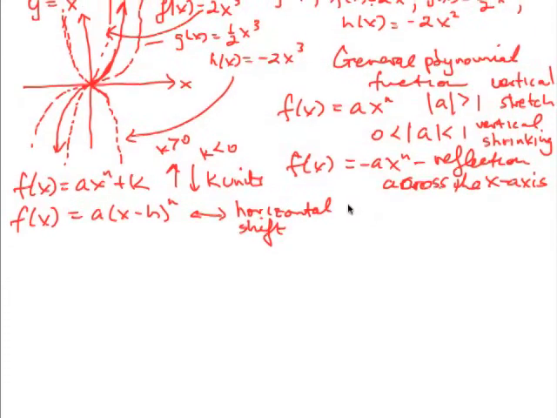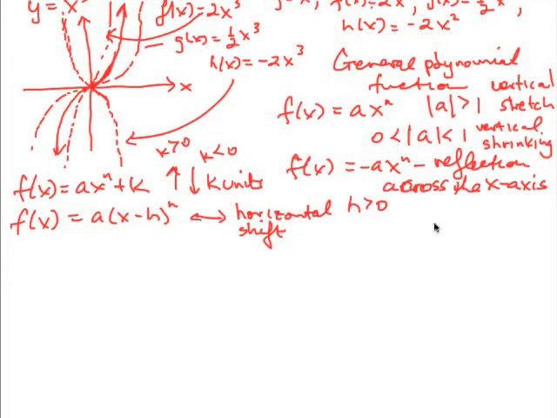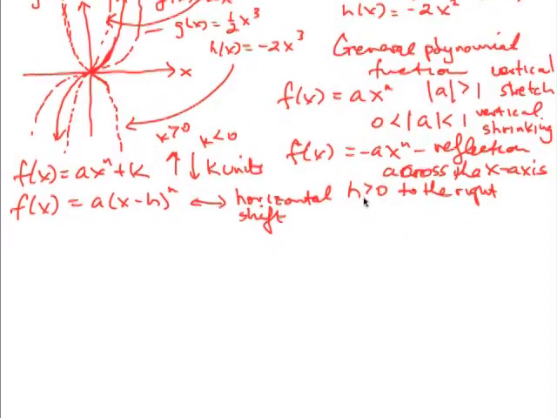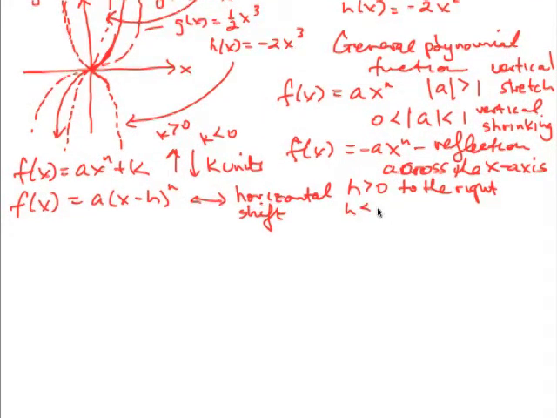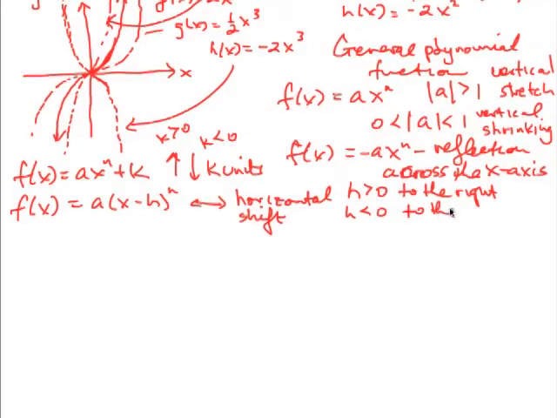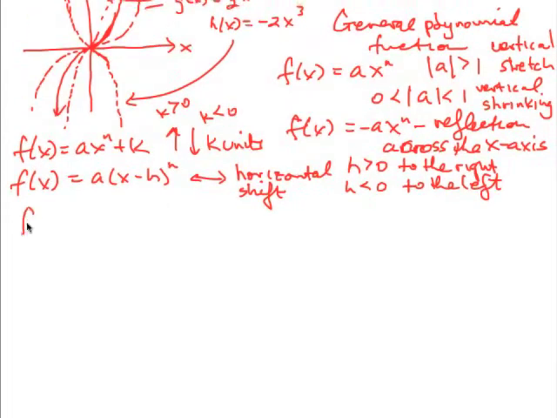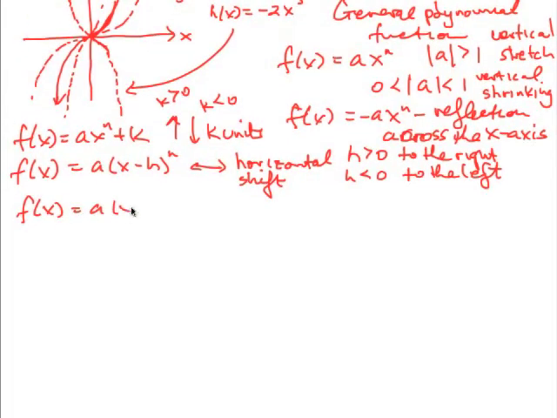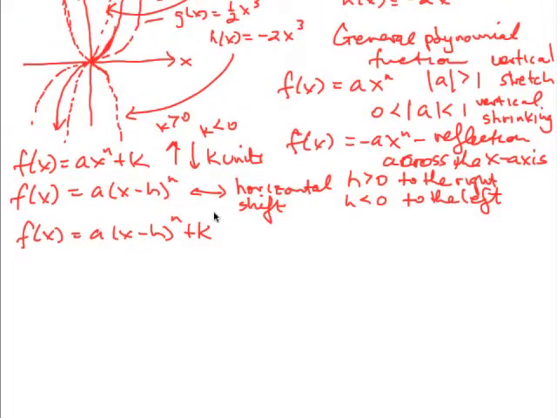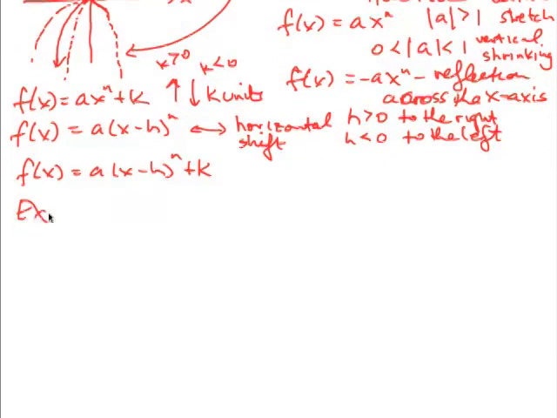And of course, it's going to be when h is greater than 0. All right, it's going to be to the right, h units. If h is less than 0, then it's going to be to the left. All right, so we still have these particular things. And of course, when we have all of these put together, then we apply all of those particular transformations. All right, so let's have a look at some examples of this.